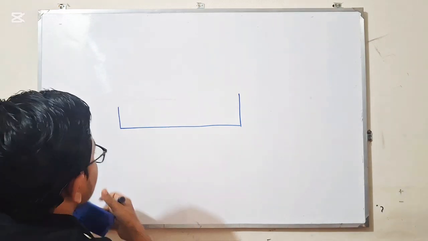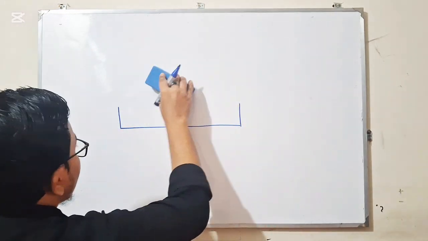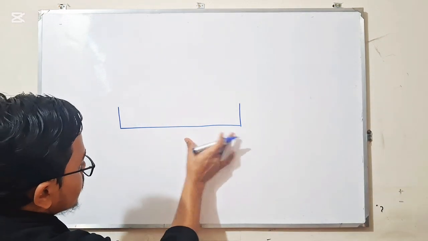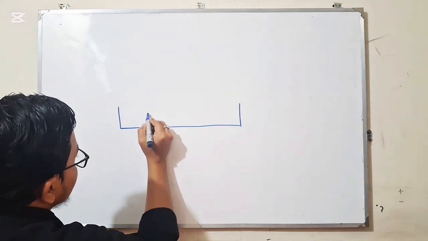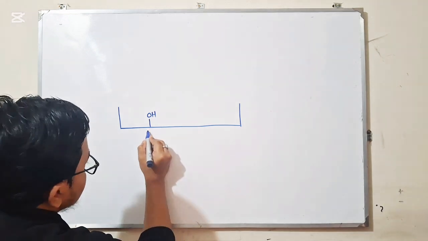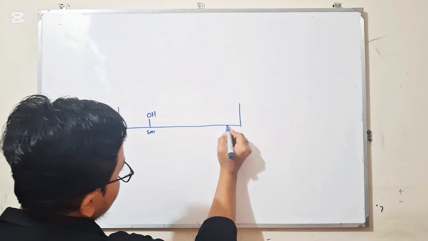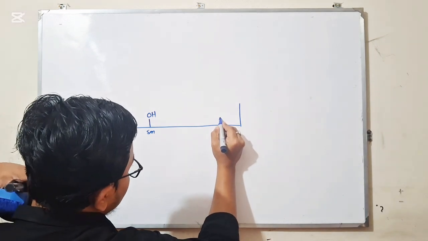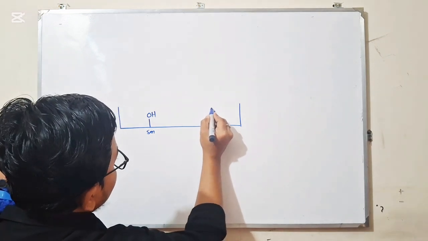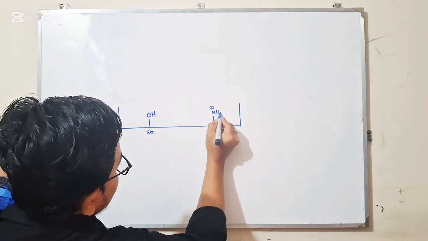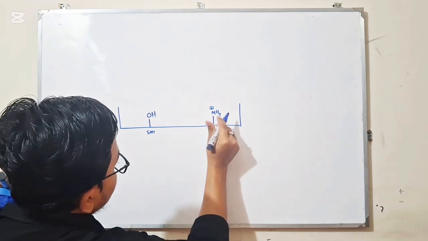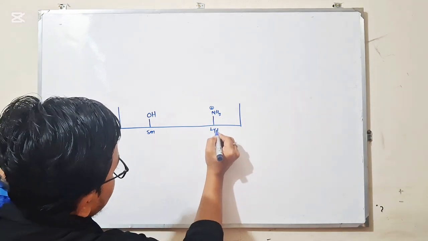Okay, this is transpeptidase enzyme, and as I said before, it has a serine residue with OH, and a lysine residue, which has NH3 plus in the active site. Okay, lysine residue.